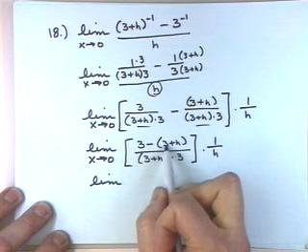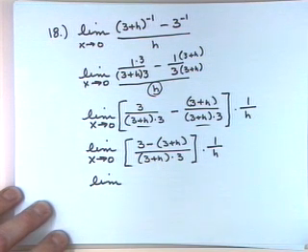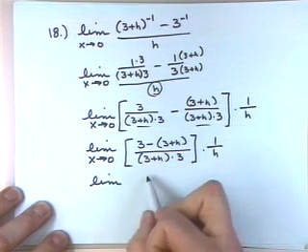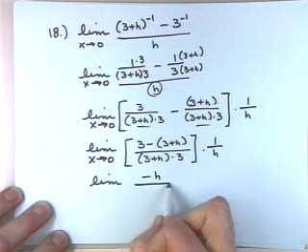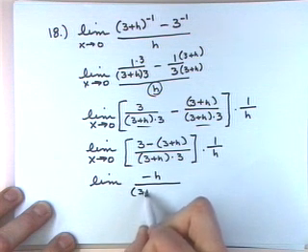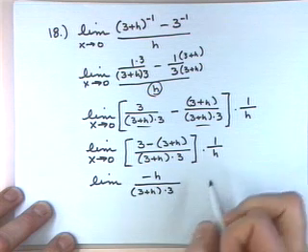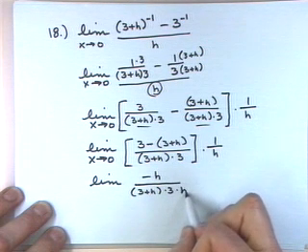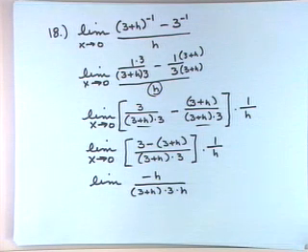So 3 minus 3, they knock each other out. And then we've got a minus h. Is that okay? In the numerator? Now, can I just take this h and multiply it by the denominator? Right? Isn't that how you multiply fractions? You multiply across the top, and then you multiply across the bottom.